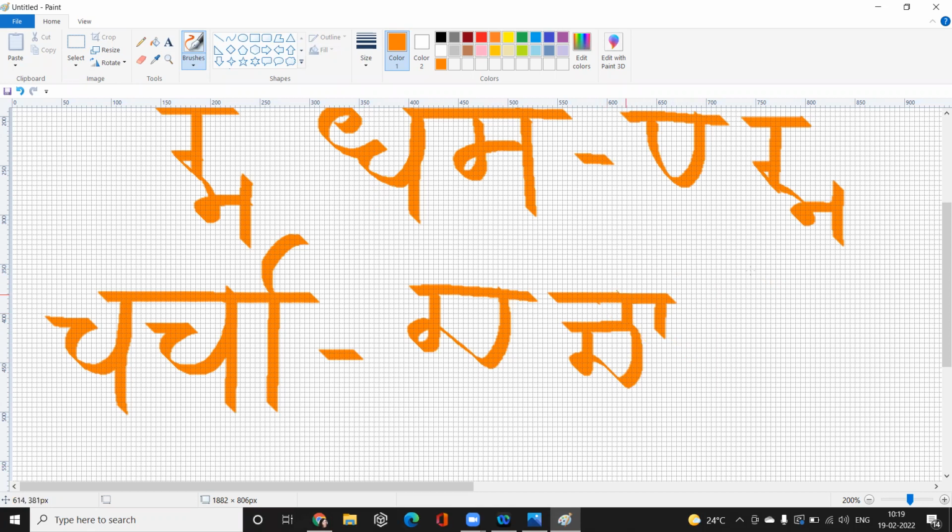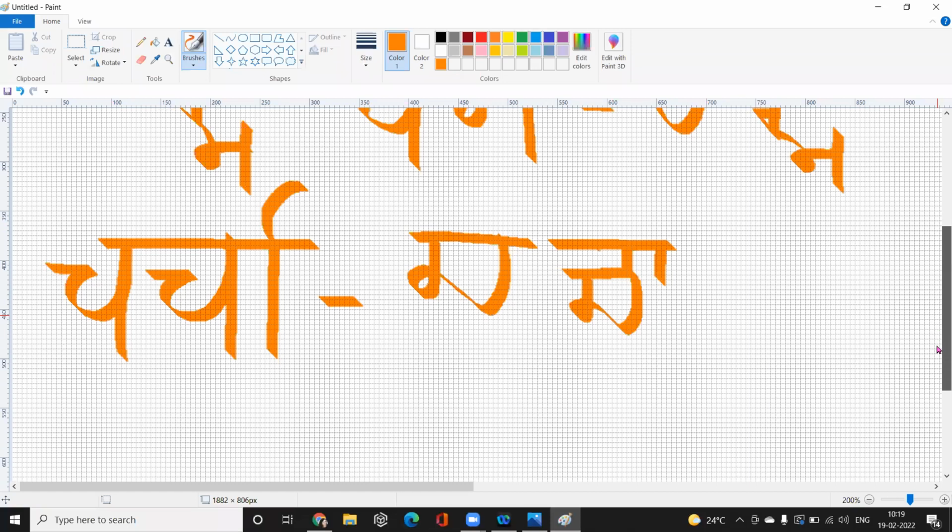Now, here you will see that ra we have written like this. We can see the complete ra on top here, dharm. We have seen ra, and then ma is written below like this. But here, if you see that it's a little different way of writing ra here with cha.